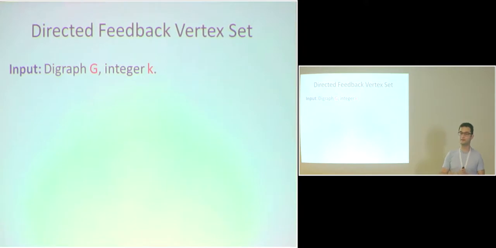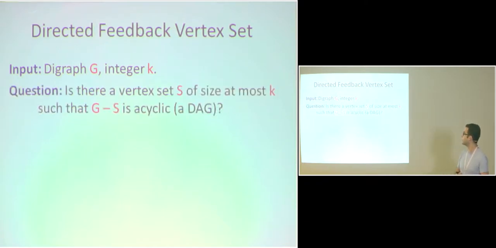Input is a directed graph G, so you have vertices and arcs, no self-loops, and you ask, can I find a vertex set of size at most k, so that after I remove this vertex set, what is left is acyclic. So this is a DAG, it has a topological ordering. Alternatively, you want to find a set that intersects every directed cycle in the graph.